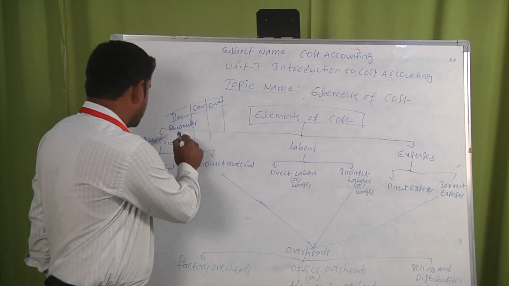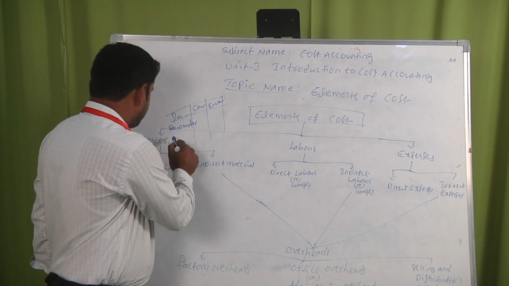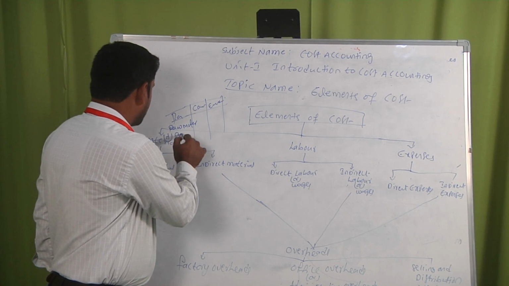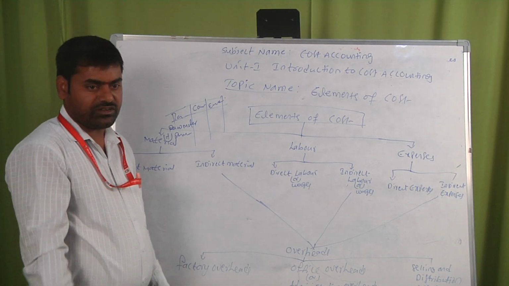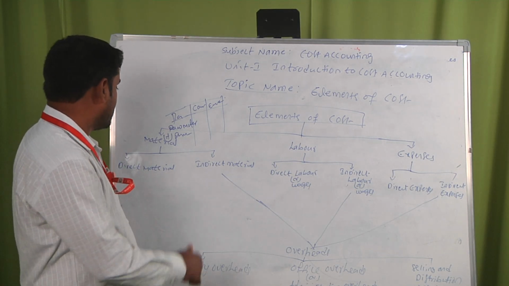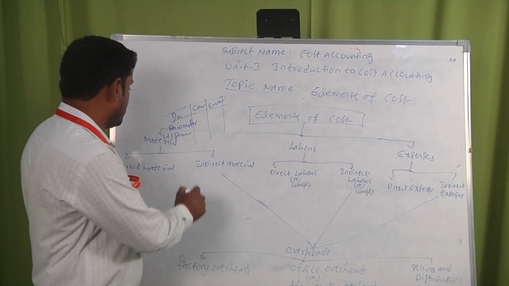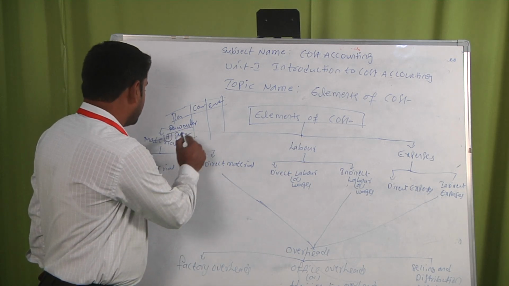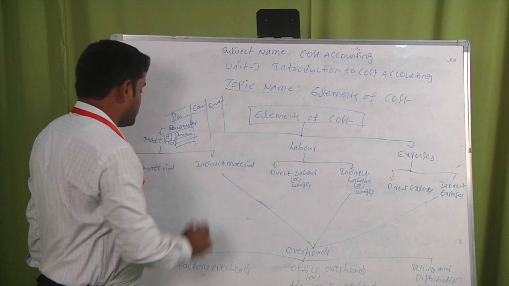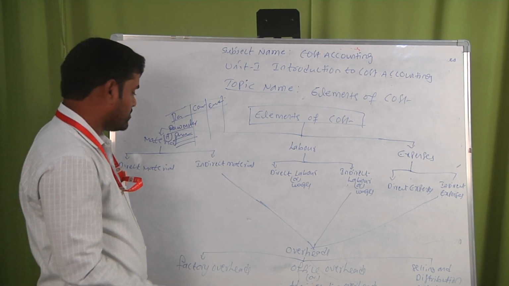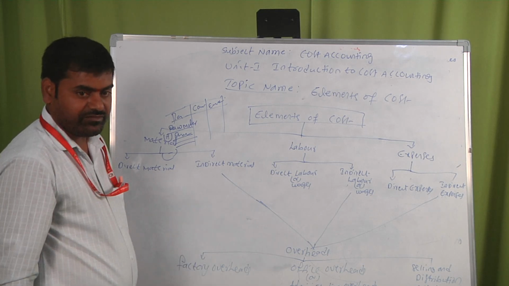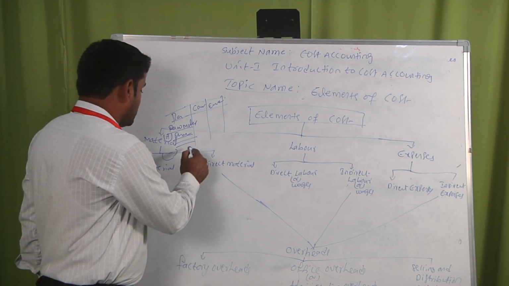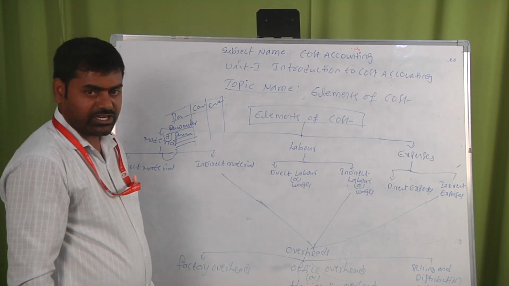So first we take the raw material, then add purchases and carriage inwards. These are the raw material and purchases of material. Then if any closing stock is there, it is subtracted from the above three. So we get the material consumed for the particular product.